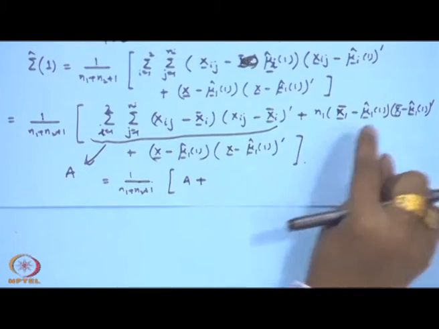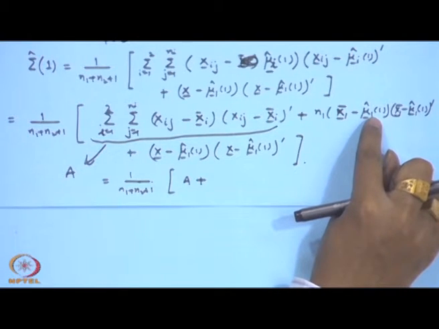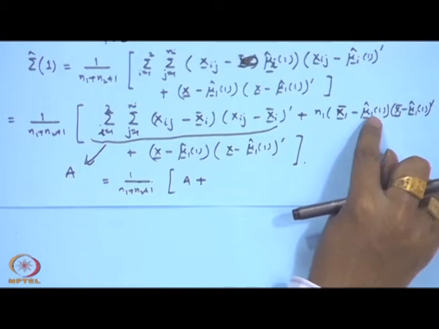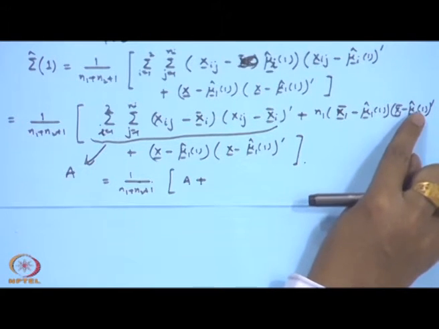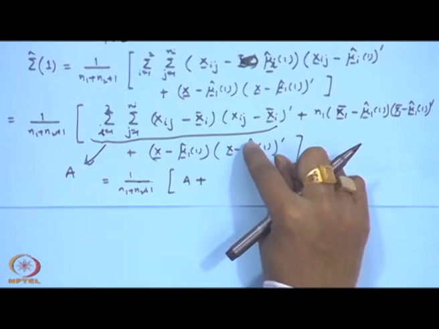If we do that, so basically if you look at this term here, then there is a mu 1 hat prime which is coming here also, but here it is n 1. So, it will become actually n 1 plus 1.